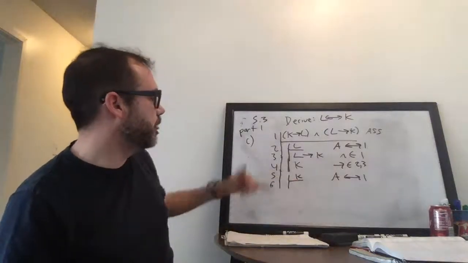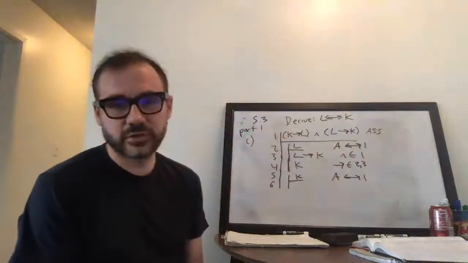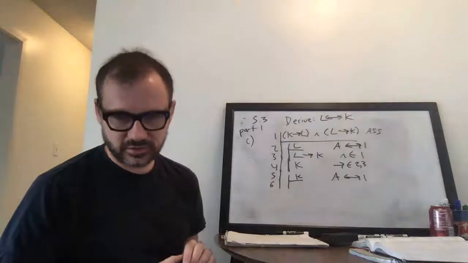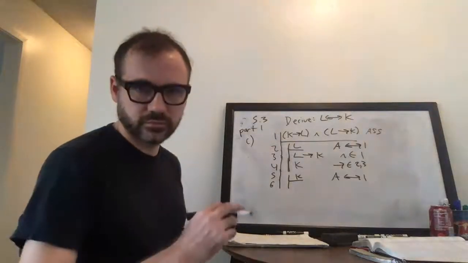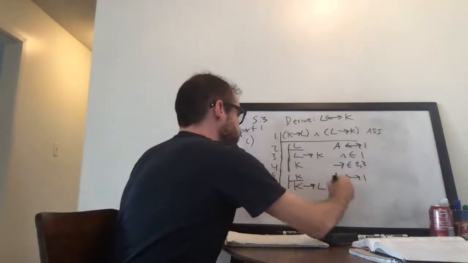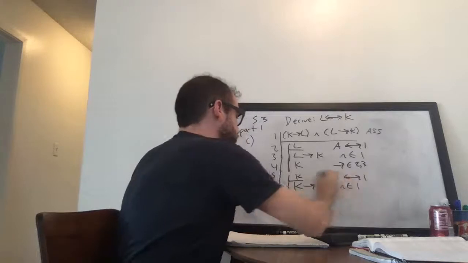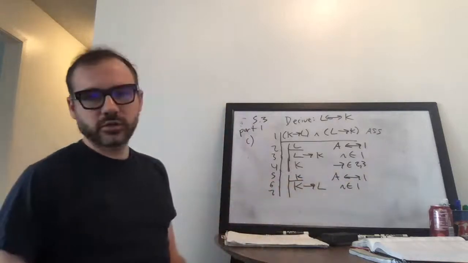Okay, so here's K. The next few steps are pretty much very parallel to the steps above here. Okay, Frida, you say K arrow L, conjunction elimination of line 1. Very good, yes. Okay, so there's K arrow L. What about line 7 then?